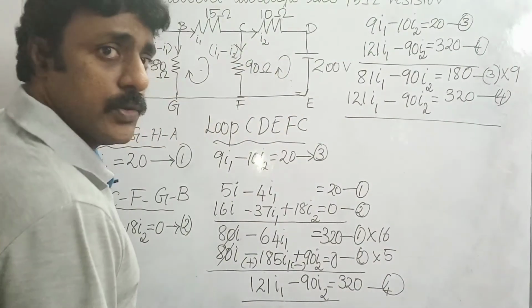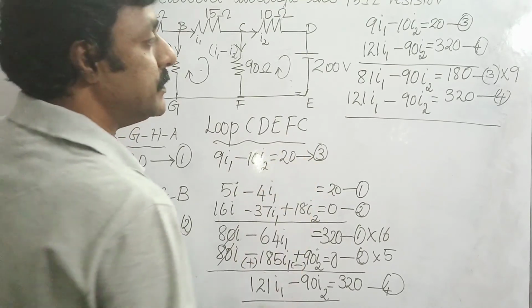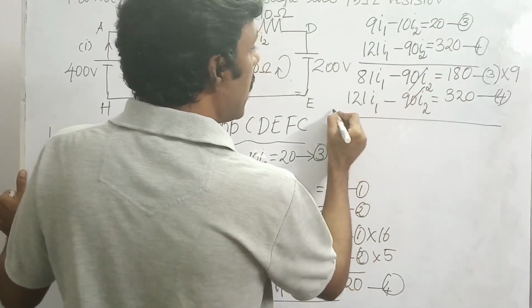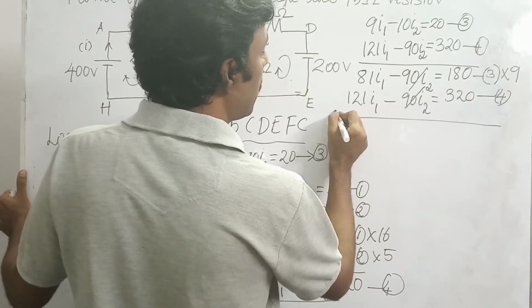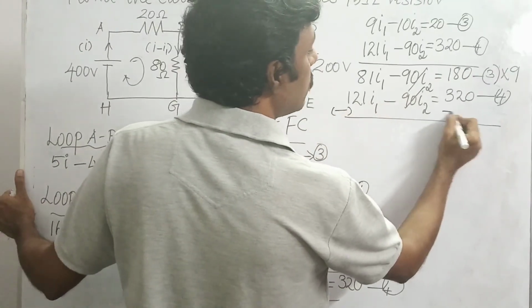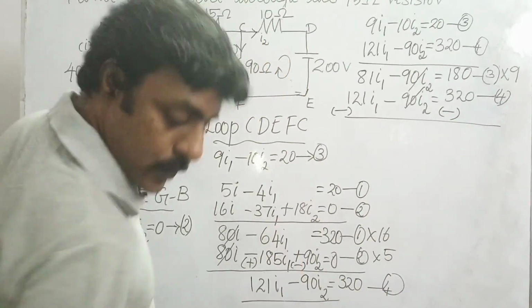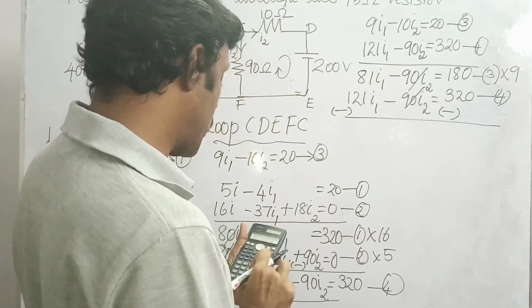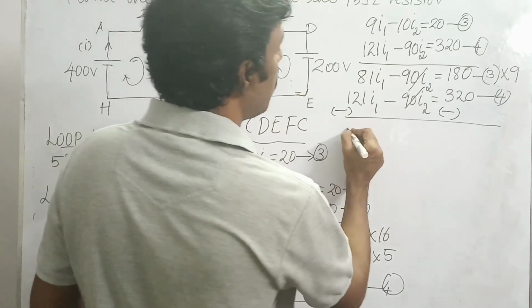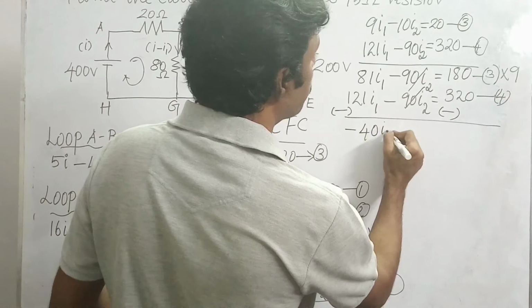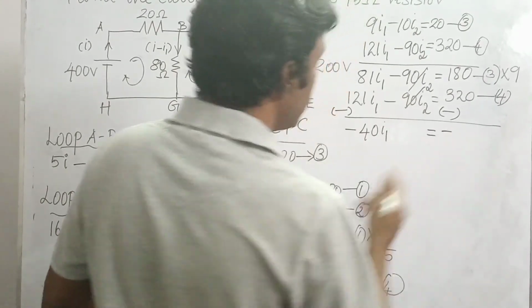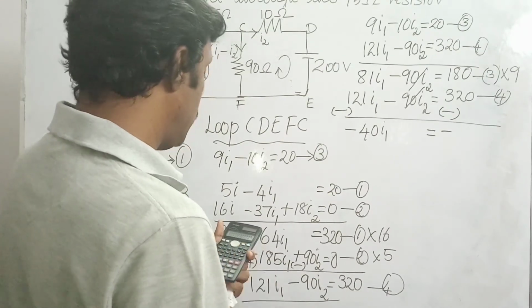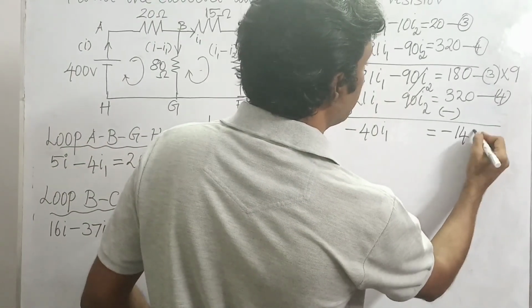So you need to strike out the like terms. Like terms are 90I2 and 90I2. So I need to change the signs. Plus will become minus, and here this plus will become minus. So 121 minus 81 will be 40. I will be getting minus 40I1 equal to minus 320 minus 180, which will be minus 140.